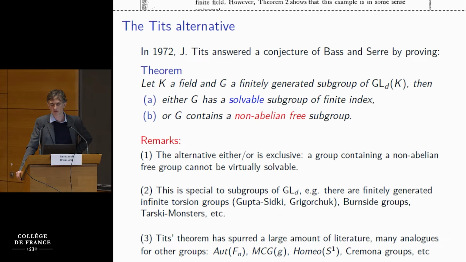I think the first example is Golod-Shafarevich, but the easiest example to read is by Gupta and Sidki. It's a subgroup of automorphisms of a binary tree, and it's related to the Grigorchuk group, which is a famous example of a group with intermediate growth.